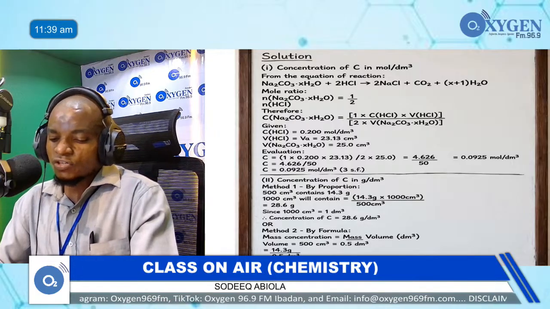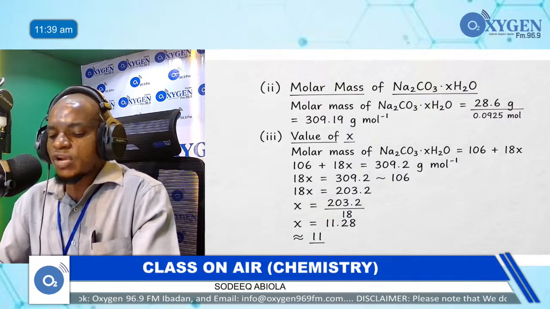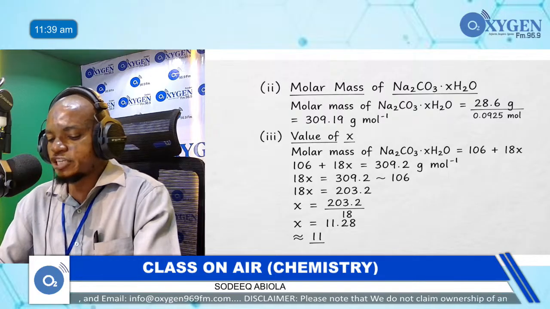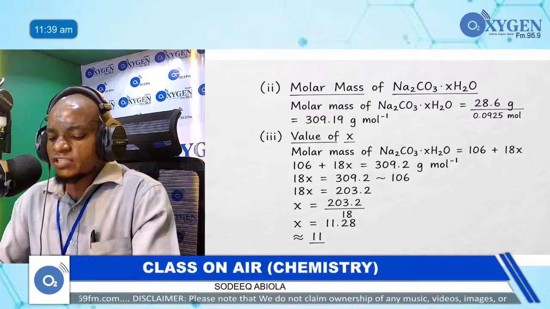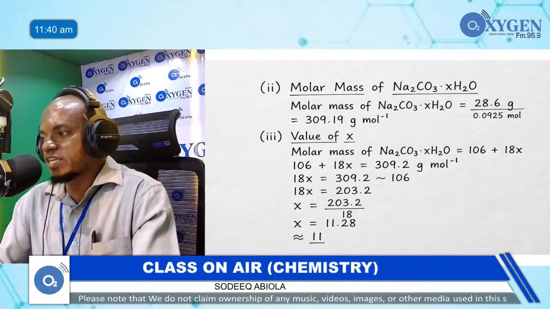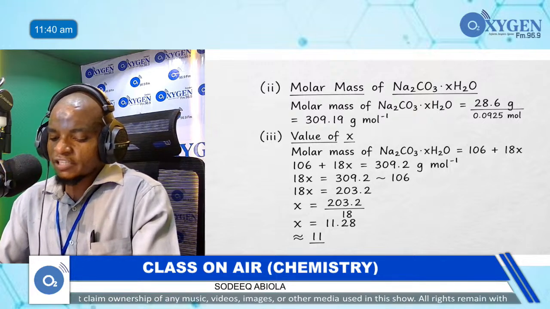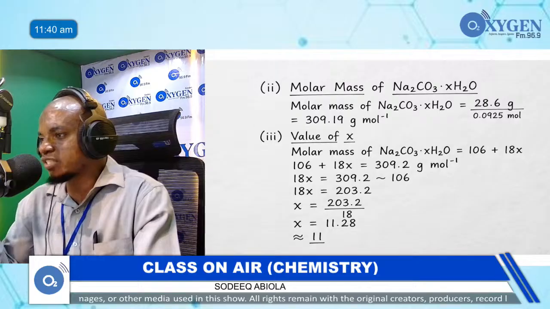Yes. So for the next question, we have to look for the molar mass of sodium trioxocarbonate(IV) Na2CO3.xH2O. So the formula we are using for this is molar mass of Na2CO3.xH2O equals mass concentration over molar concentration, because there is a relationship between the three.